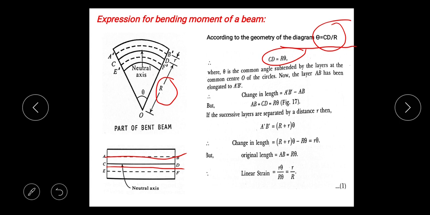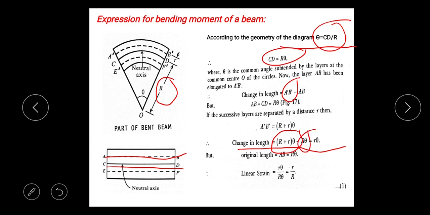Next we want A'B'. So A'B' is equal to R plus r of theta, where small r is the distance between any two layers. Therefore, change in length is equal to increase in length, that is R plus r of theta minus R theta.